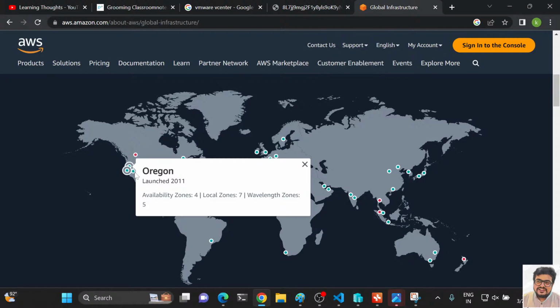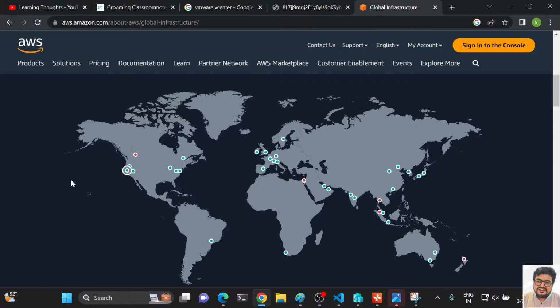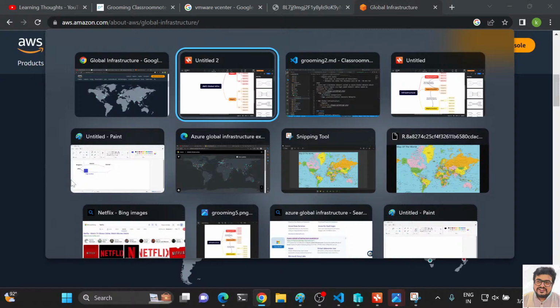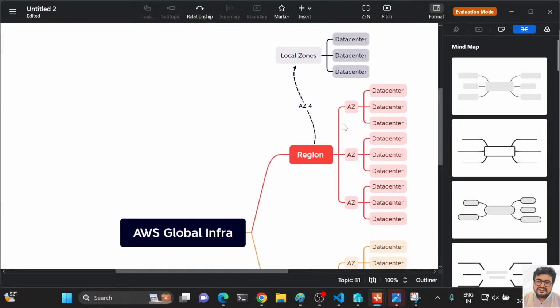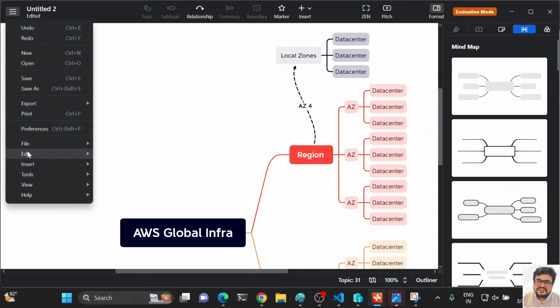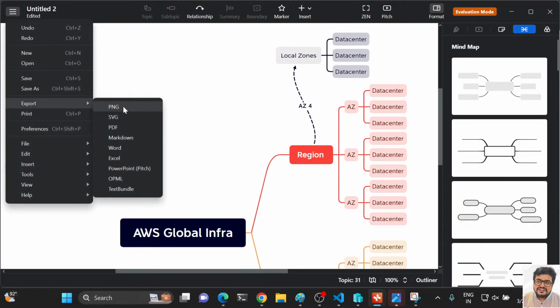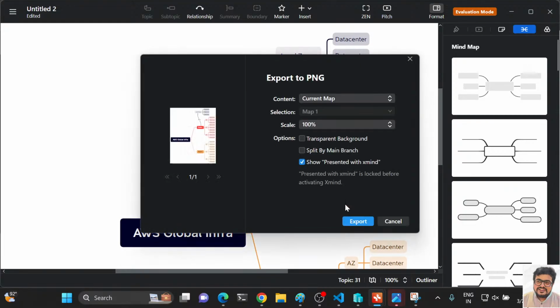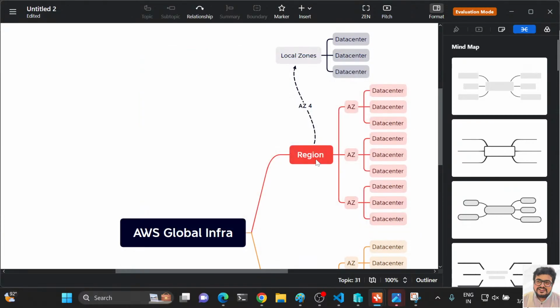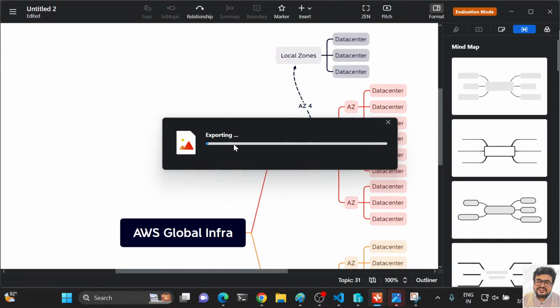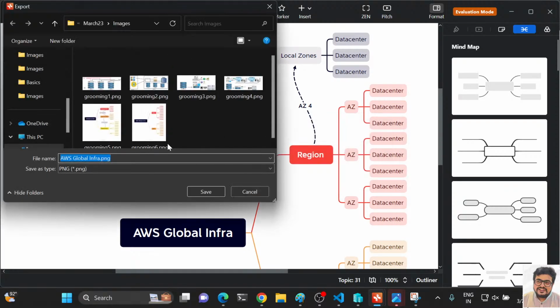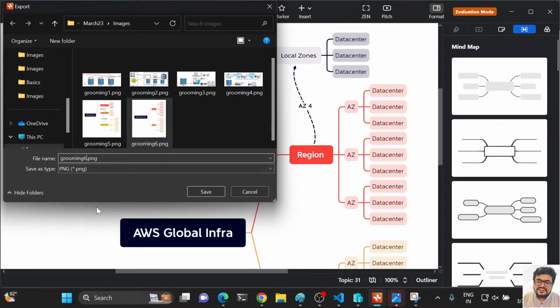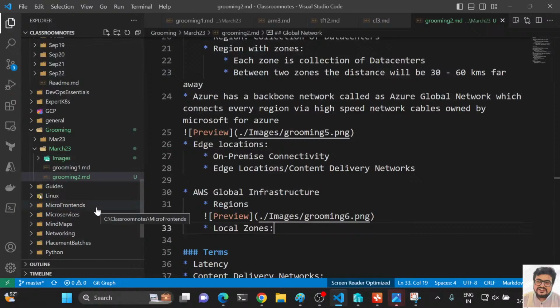Edge, that is the next story, sir. Now, did you understand this concept of local zones? Good.